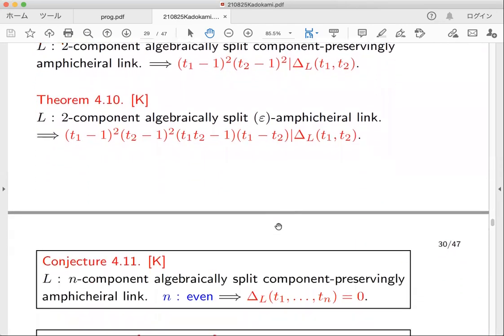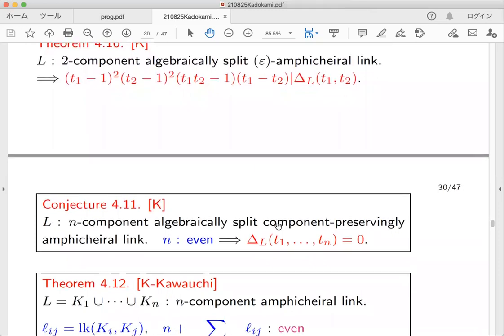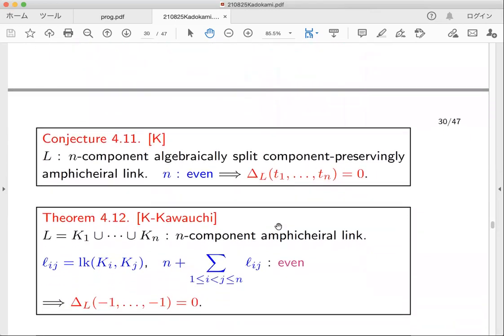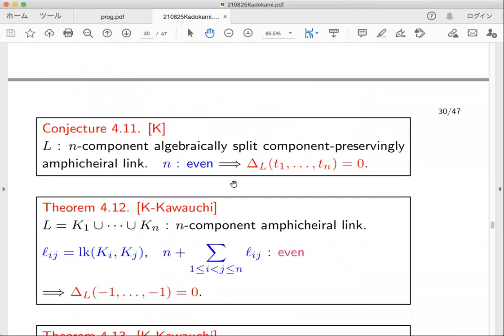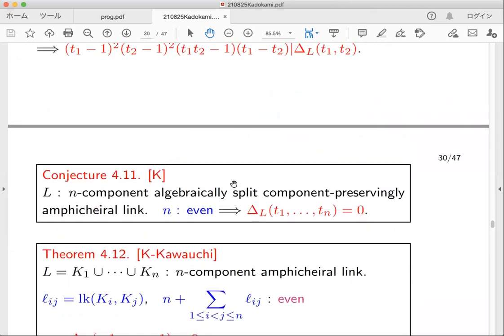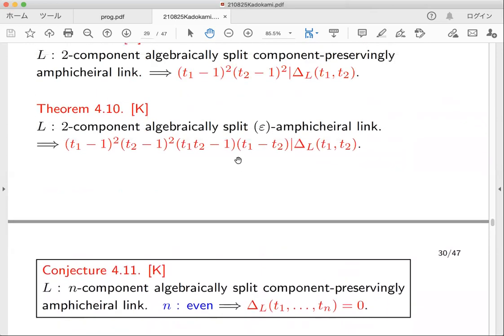So I thought that I should write this conjecture because if a link is algebraically split component preserving Amphicheiral, then its Alexander polynomial should be very, very big.